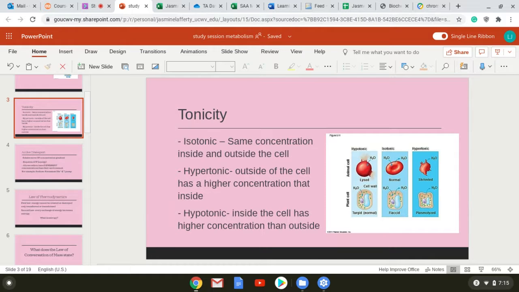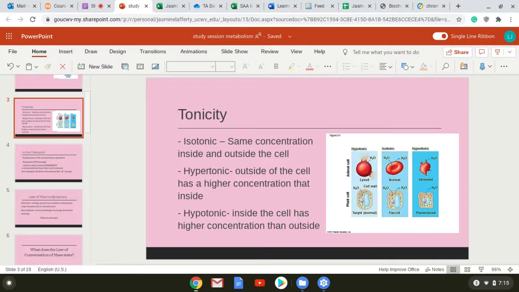So imagine this like a basketball. And you keep pumping air in from the environment to dilute whatever's inside, and you keep pumping and pumping and pumping, and at some point that basketball is just going to explode.